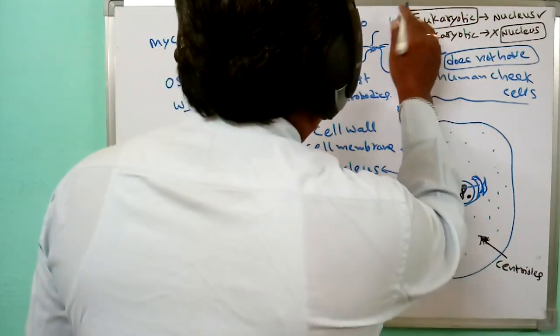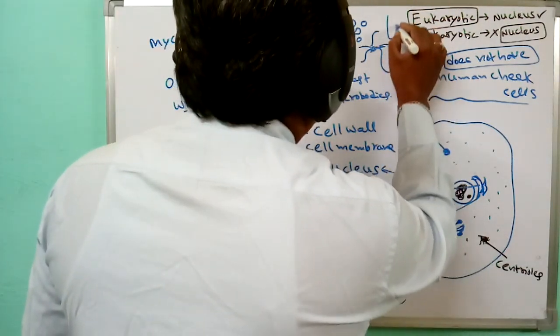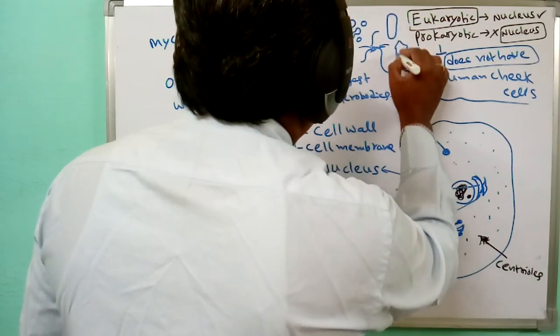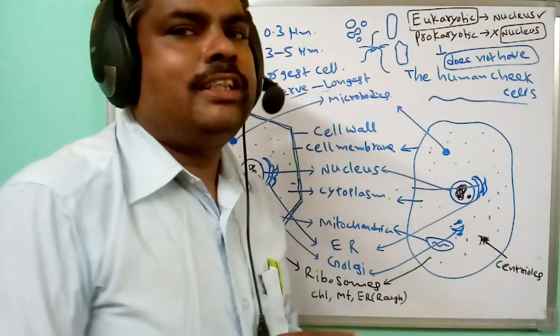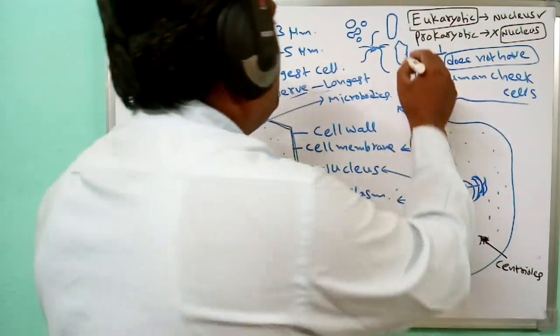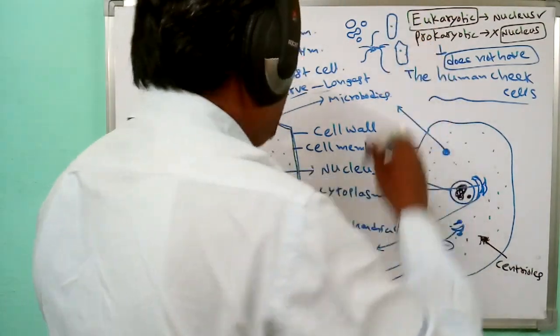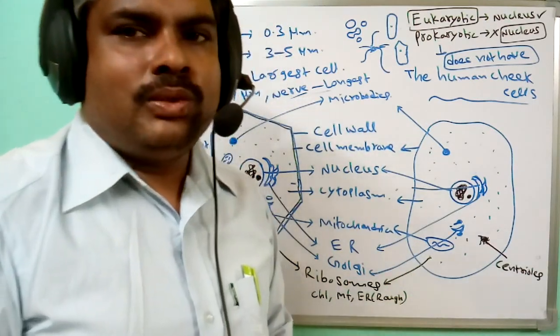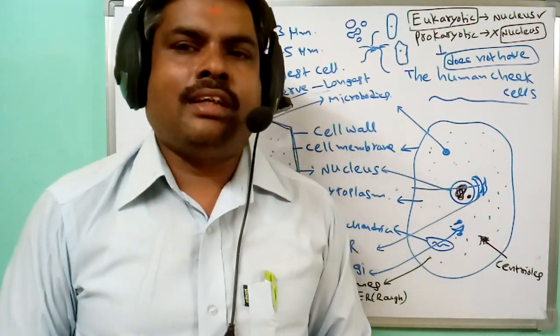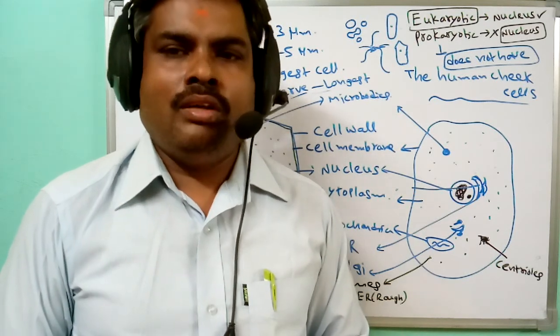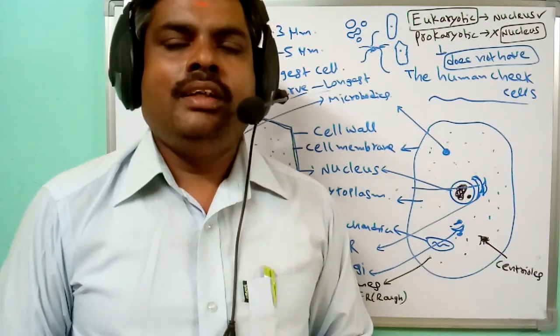Some cells are observed in columnar shape, some in cuboidal shape, and some in irregular shape. So the cells have different shapes, observed in the animal world and the plant world.